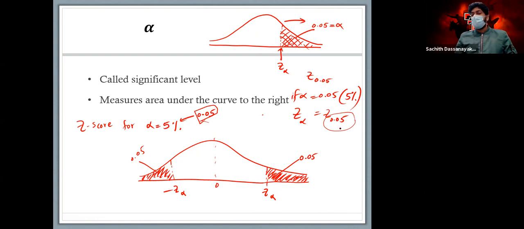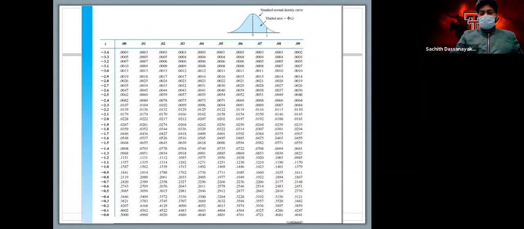Or you can use the negation, 1 minus alpha. 1 minus alpha means everything from here to this point. You can find this value, and it is a positive value. Both are the same, I mean the values are the same but with different signs, negative and positive. You will need that idea.